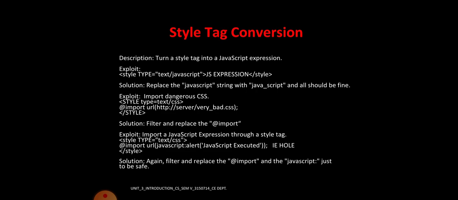Here we also see importing dangerous CSS with few vulnerabilities. Here we see @import and get the URL path of the HTTP server, /vary_bat.css. Exploit here for the import JavaScript expression. Thus, in a style tag we can give the name of the CSS using the type tag, and import the URL same as above.